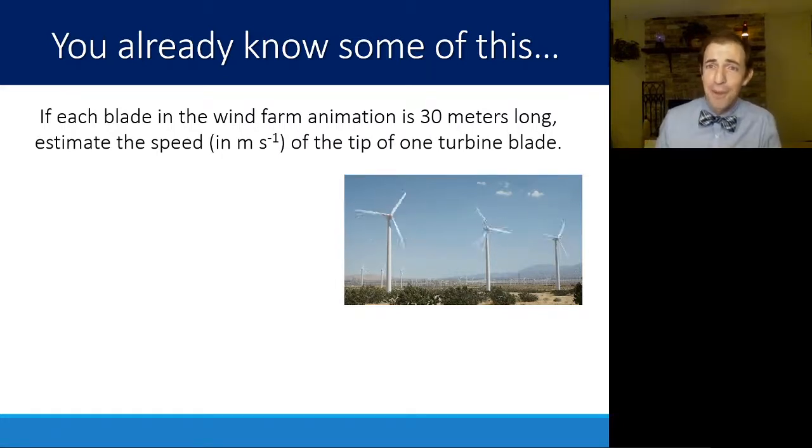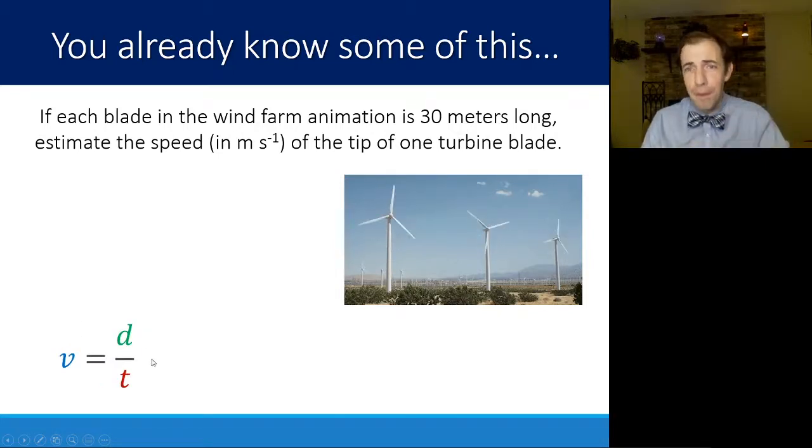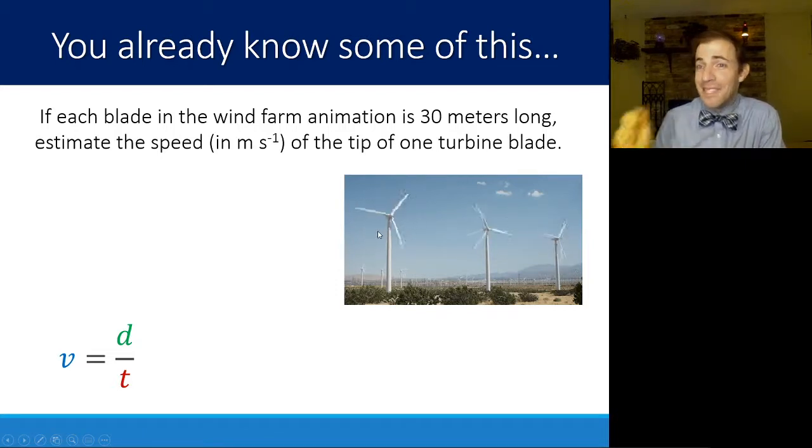They are so big. I would like you to estimate the speed in meters per second of the tip of one of these turbine blades. Now, speed, meters per second, we can calculate just using distance divided by time. In order to figure this out then, we need to know a distance and we need to know a time.